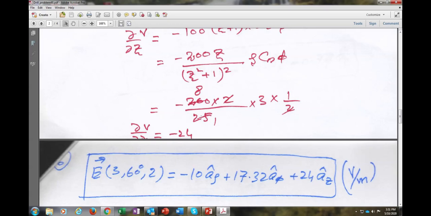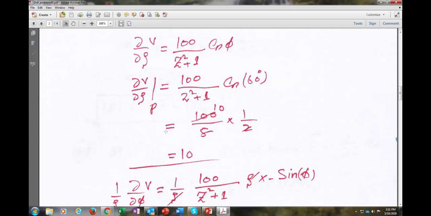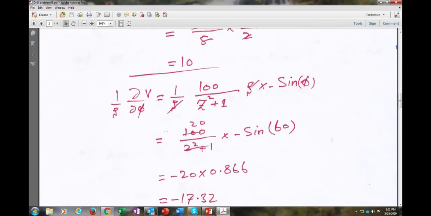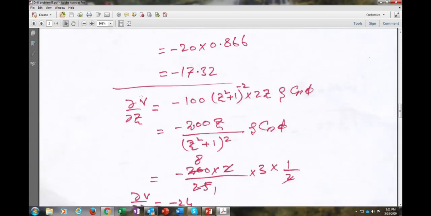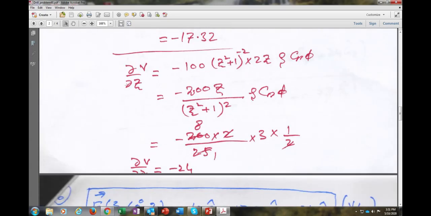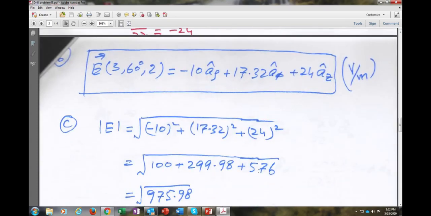So plug in all these values, that is the numerical value of partial V by partial rho, the numerical value of 1 upon rho partial V by partial phi, and the numerical value of partial V by partial z, which is minus 24. So the electric field at P point is equal to minus 10 a rho unit vector plus 17.32 a phi unit vector, and so on.